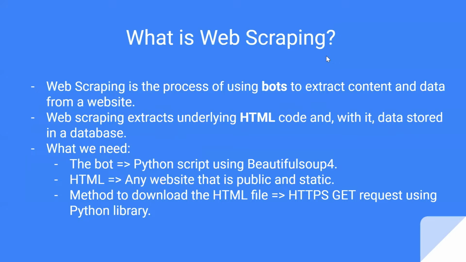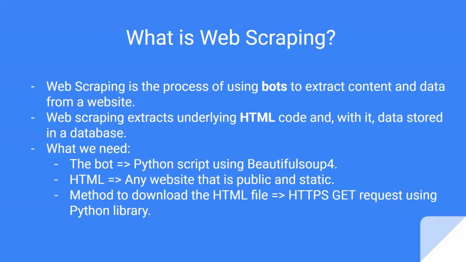So I think we should talk about what web scraping is first. Web scraping is the process of using bots to extract content and data from a website. It extracts the underlying HTML code and, with it, data stored in the database. So what we need is the bots and the HTML page, the actual HTML file, and how to get the HTML file.